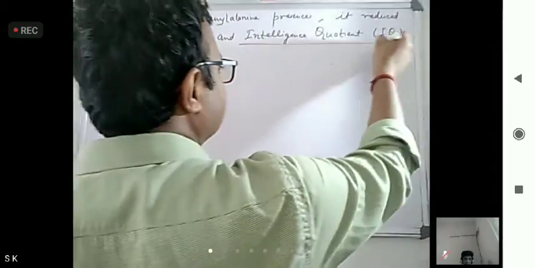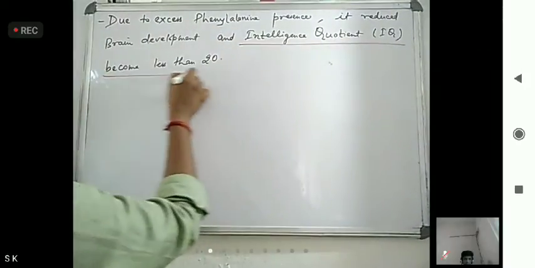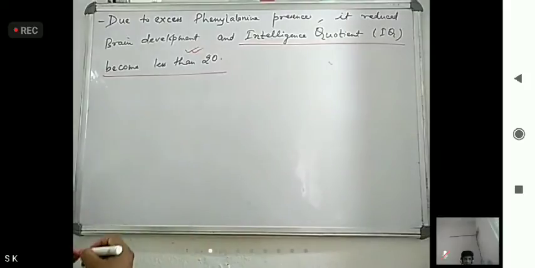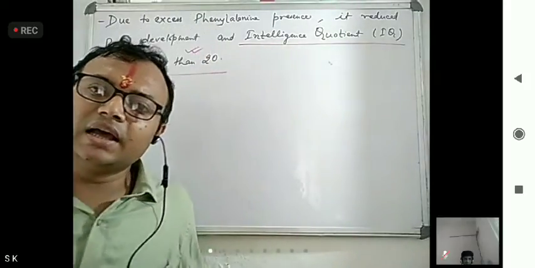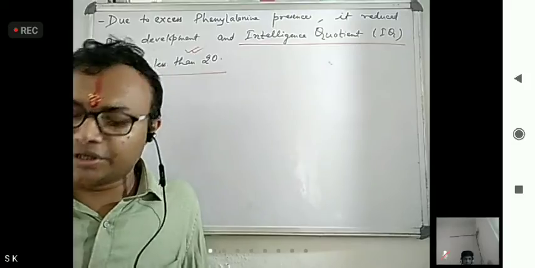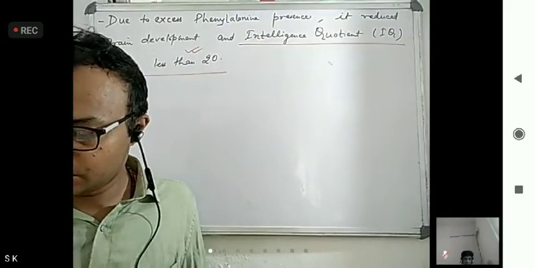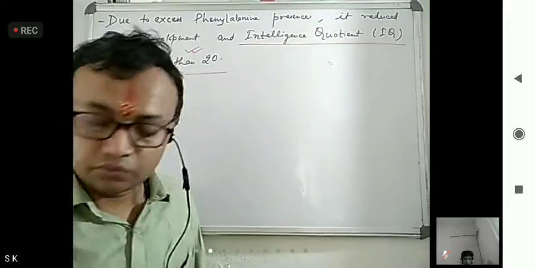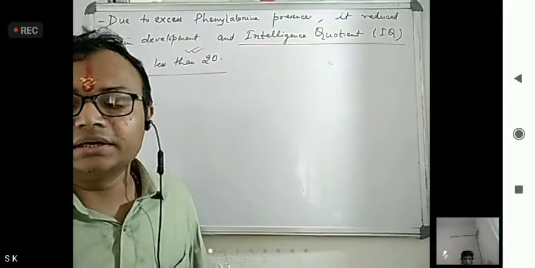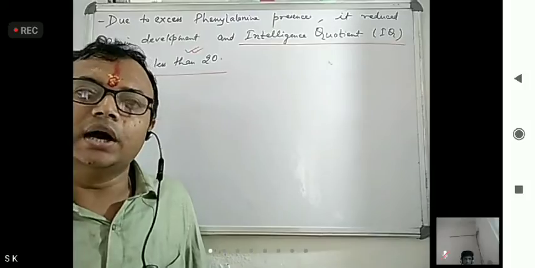In which syndrome does intelligent quotient become less than 20, where phenylalanine accumulation is high? So which syndrome is that? Phenylketonuria.